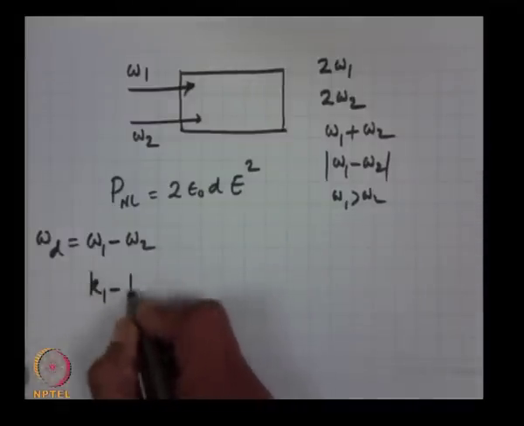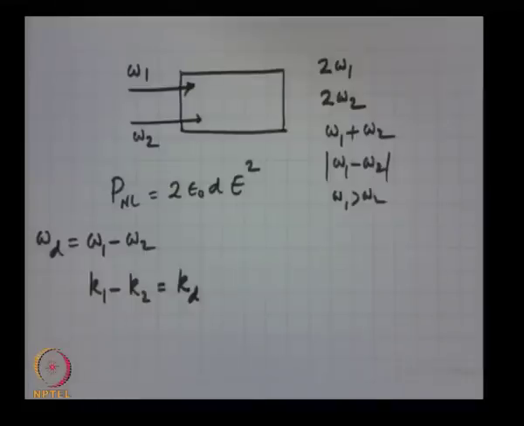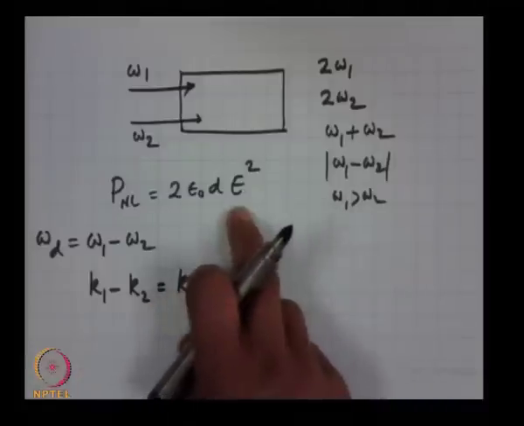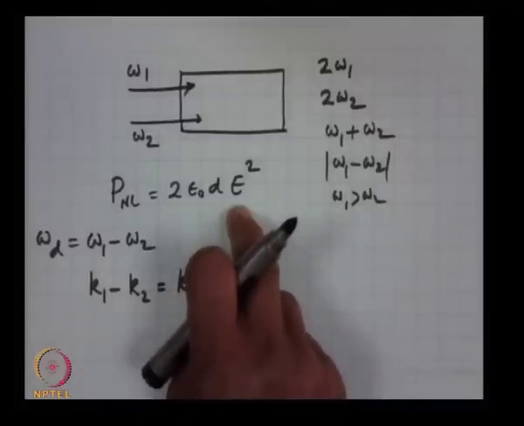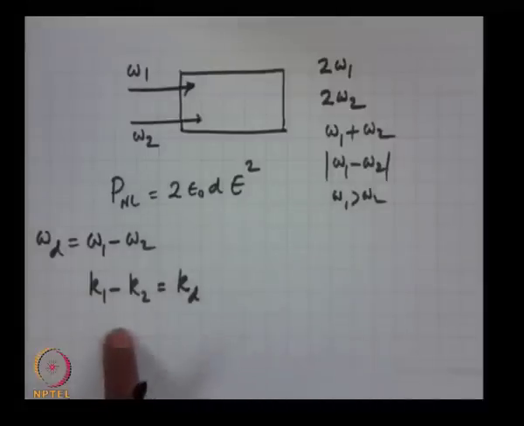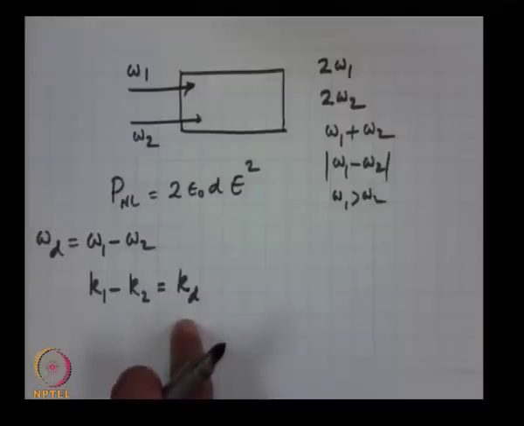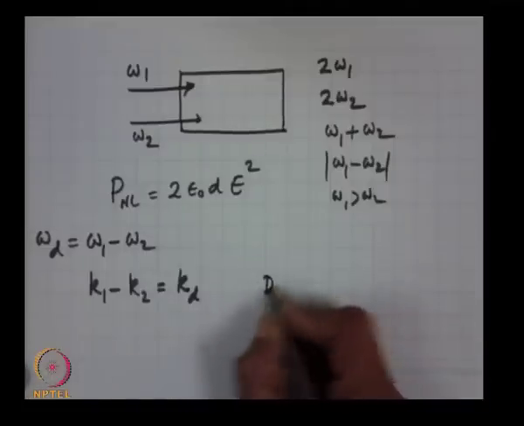K1 minus K2 is equal to the difference in propagation constants, because you will see when you substitute here and you get the nonlinear polarization velocity. Remember, I had one quiz: the velocity of the nonlinear polarization becomes equal to the velocity of the electromagnetic wave at omega t when you satisfy this condition. So this is for difference frequency generation.